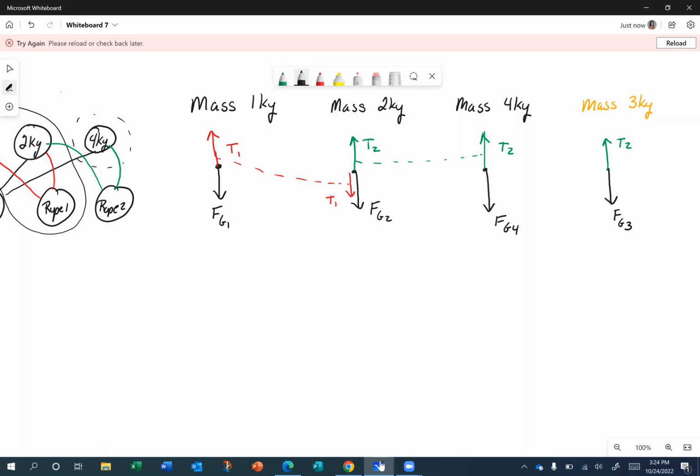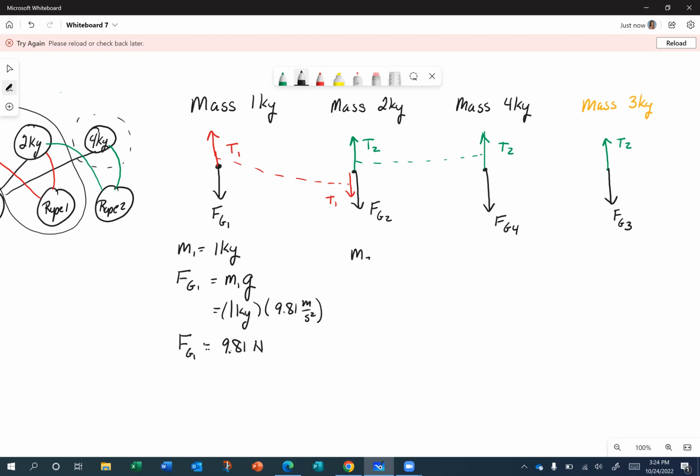Okay, so that's an option depending on how we want to solve the problem. So what I'm going to list, what I know, is that I know that this has a mass of 1 kilogram. So the force of gravity of 1 is going to be the mass 1 times g. So that's going to be 1 kilogram times 9.8 meters per second squared. So FG1 is equal to 9.81 newtons.